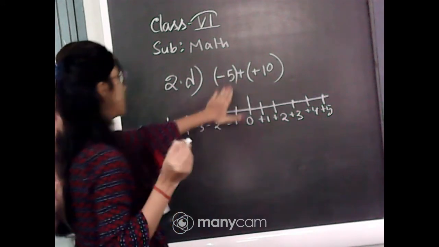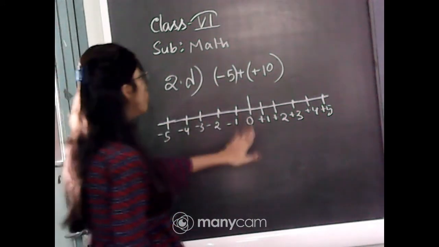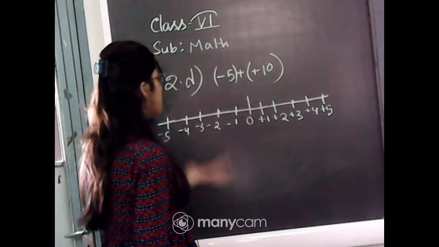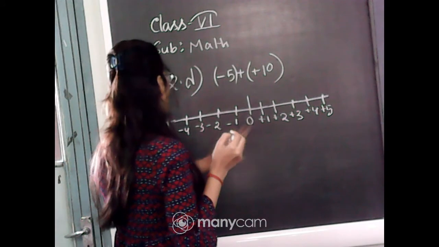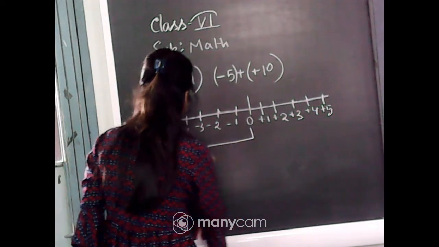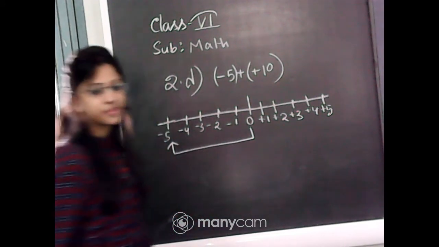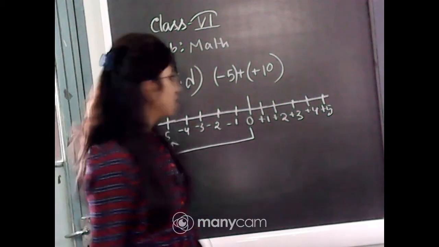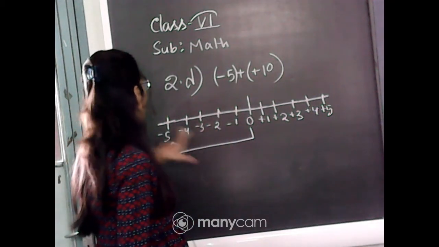Minus 5. Since here it is minus, we move 5 steps to the left of 0 and reach minus 5. 1 step, 2 step, 3 step, 4 step, 5 step.